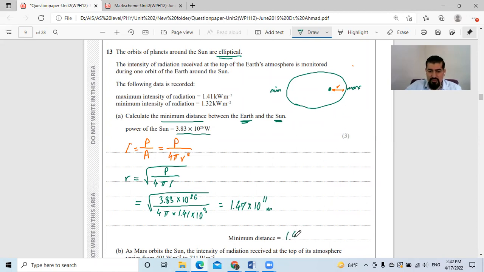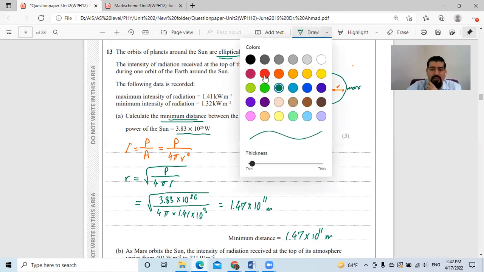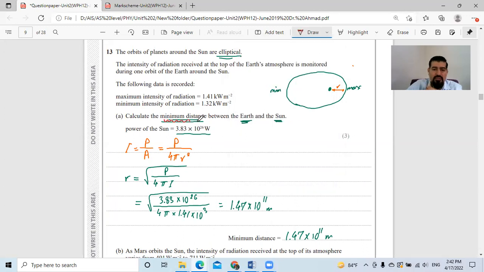This is the answer. Why are you using the maximum? Whenever I'm at the closest distance, they ask about what? Find the minimum distance. When they ask about the minimum distance, that means they ask about the closest point. At the closest point, the radiation flux intensity reaching from the sun to the earth will be the highest when you are close, not when you are far.